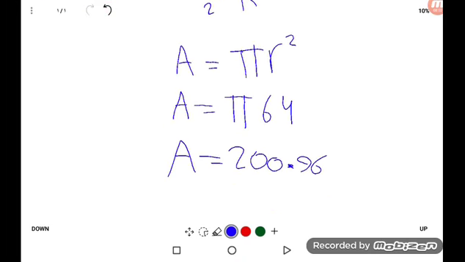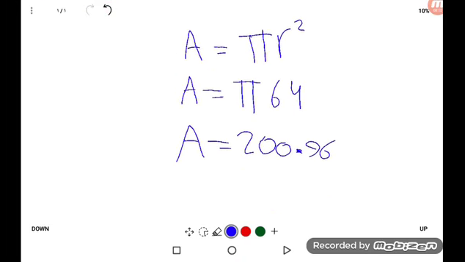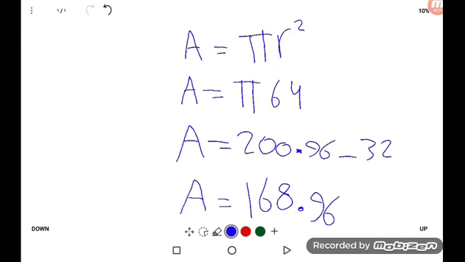Now we need to subtract area of circle minus area of triangle, which is 32. So area is equal 200.96 minus 32 is equal 168.96. So this is the final answer.